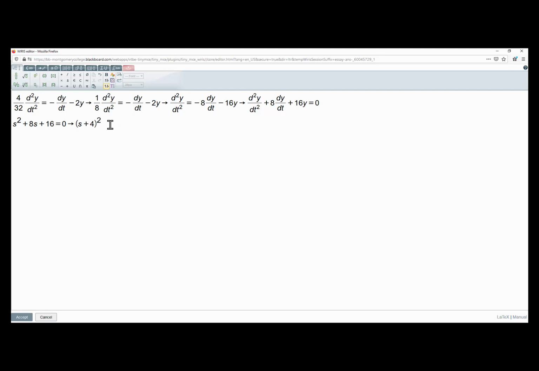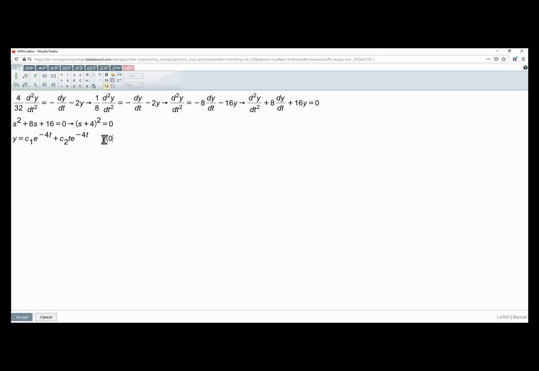We got negative 4 as a repeated root, so our solution is going to be y equals c1 times e to the negative 4t, plus another constant c2 times t times e to the negative 4t. We just multiply by t to create another linearly independent solution, and we have seen this indeed is a solution.